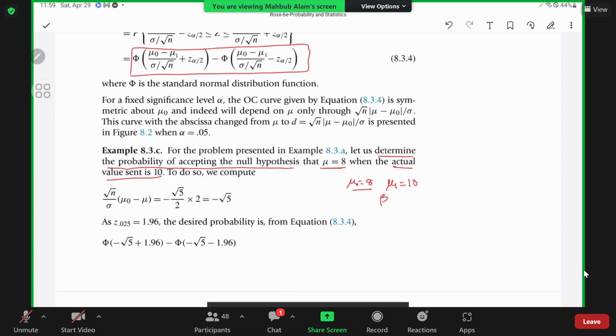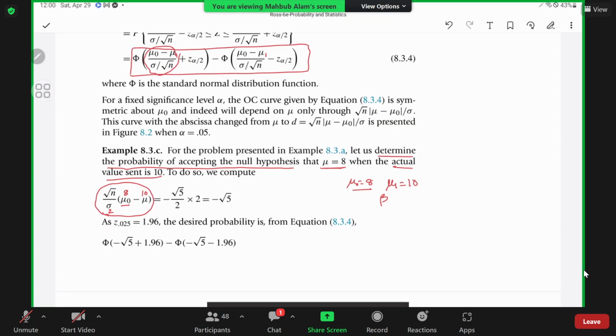So to calculate this, first you need to calculate this quantity. Mu naught is equal to 8. Mu is equal to 10. Sigma is equal to 2. So this 10 minus 8, divided by 2, is converted into minus 1, and then n is equal to 5.